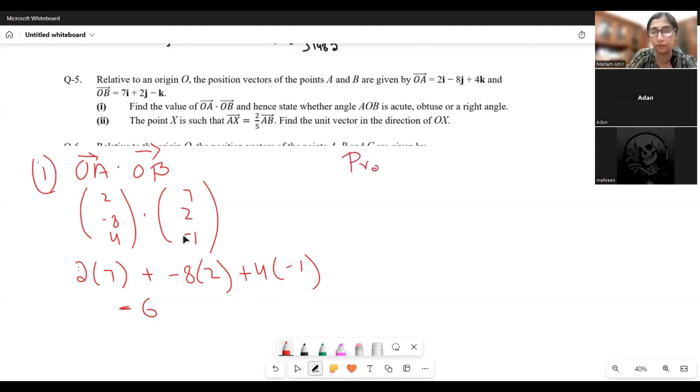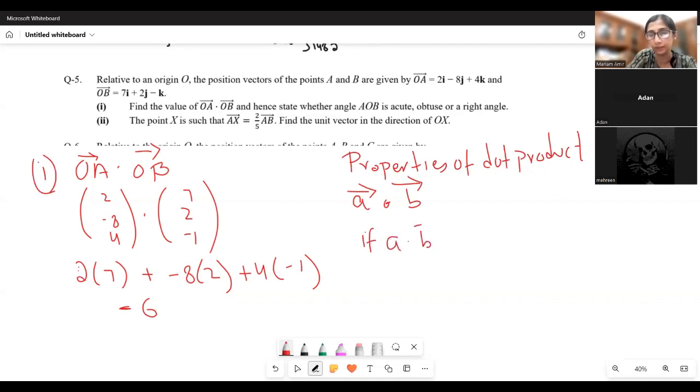Second, properties of dot product. We've discussed that already. Let's just quickly write it down. If we're finding dot product of two vectors, let's say vector A dot vector B. If A dot B equals 0, that means vector A and vector B are perpendicular. If A dot B is positive, what does that mean?